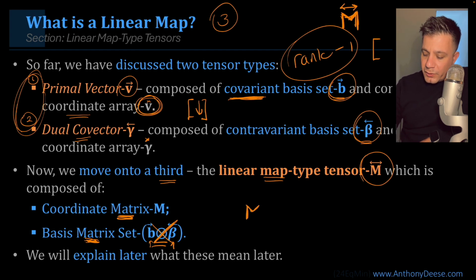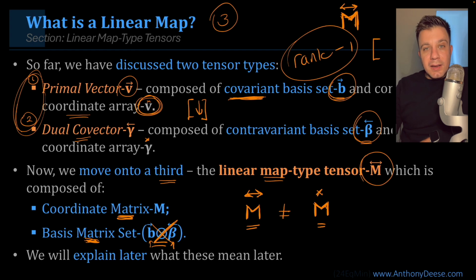So we refer to the tensor, again, with the bold uppercase letter with the dual or bidirectional arrow hat, and that is not equal to simply the bold uppercase variable with no arrow hat. This is the linear map type tensor, and this is just a matrix, but in this case, we're assuming it's the coordinate matrix associated with that tensor.